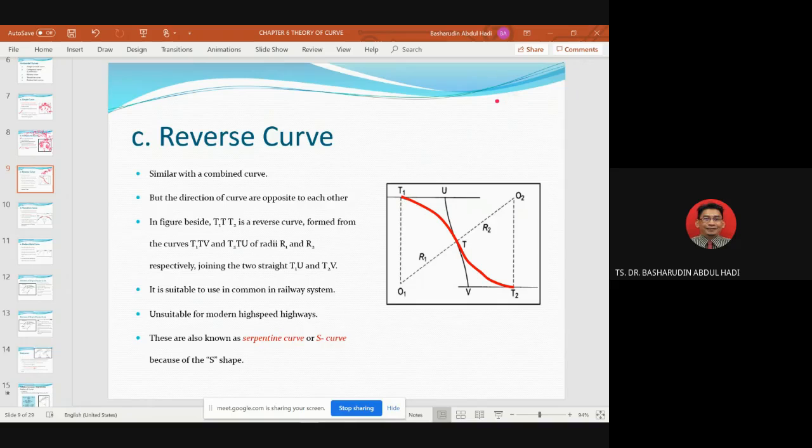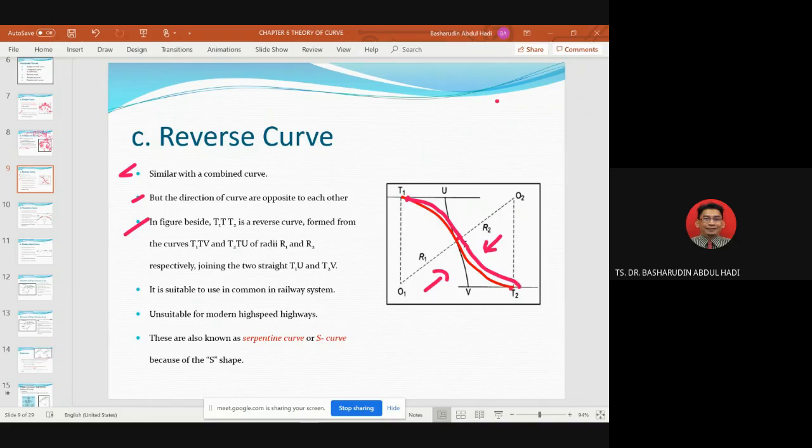Let me erase this one first. We are going to draw again. It is the same, but the direction of the curves is opposite of each other. In the figure beside, T1T and T2T is a reverse curve, so like this and like this.